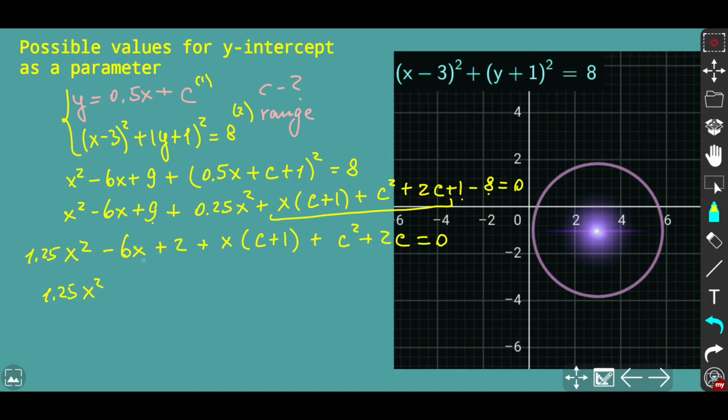Here, the 2 is transferred here, so that's going to be the free coefficient, and minus 6x plus x is going to be minus 5x. So it's going to be plus x(c - 5). I just factorize x. And finally, I'll get c squared plus 2c plus 2 equals 0.